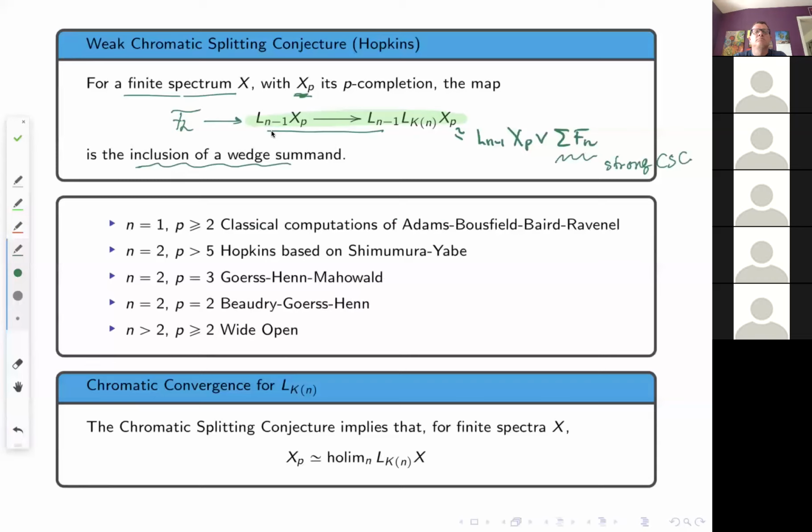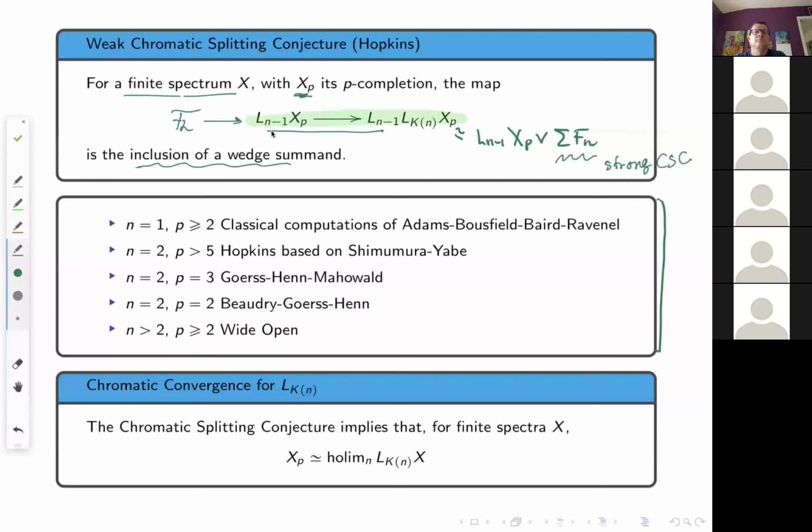So now in this little box, I tell you what is known about the CSC. For n equal to 1 and p greater than or equal to 2, if you know enough about the computational techniques, this would be an exercise. It follows from the classical computations about K(1)-local homotopy theory, so names that come up are Adams, Bousfield, Baird, Ravenel.